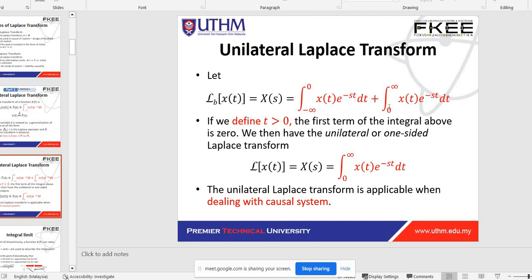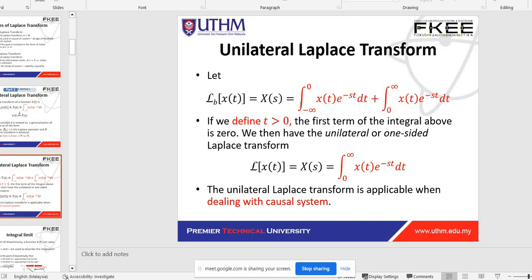So this is bilateral, this is unilateral. No, I think this one is bilateral, this one is still bilateral, whereas this part is only unilateral. 0 to infinity is unilateral.